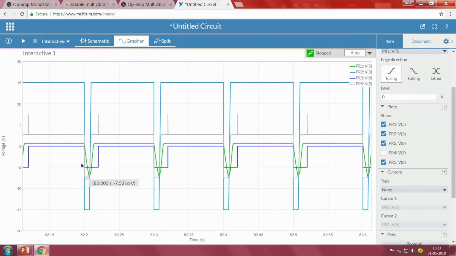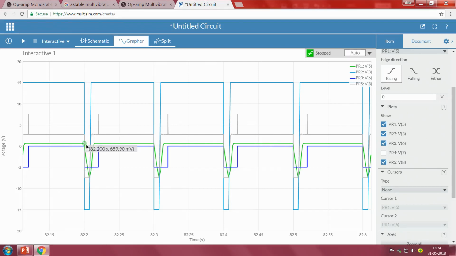Because of this negative spike, the VA value is greater than the VB value, the voltage at VA is higher than the voltage at VB. So it makes the output of the op amp go to the minus VCC state, we can see here the minus VCC state. Then how is it going to plus VCC again? Because of minus VCC, the capacitor starts discharging towards minus 15 volts, right.